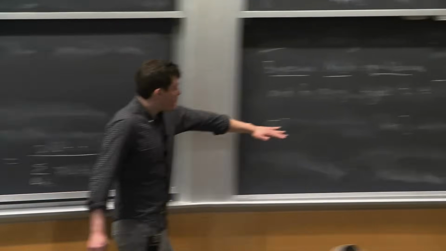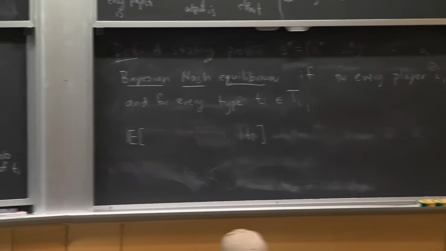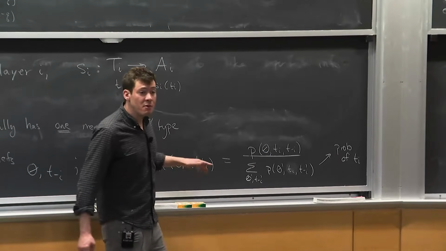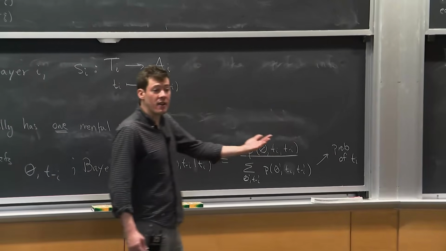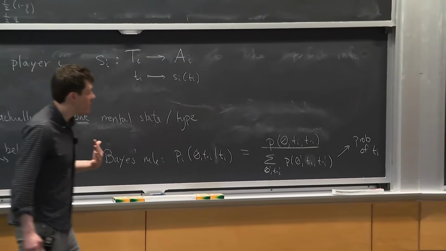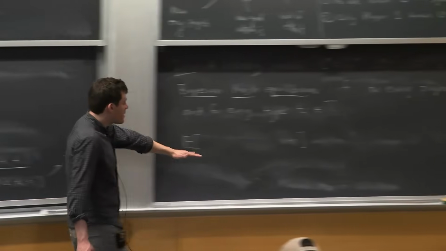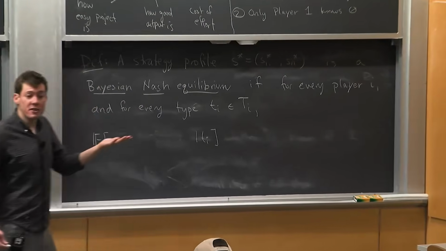What I put in here is going to be a function of these things, and I'm computing the conditional expectation of that quantity given my type ti. What I want to put in here is my payoff when we all follow these strategies.